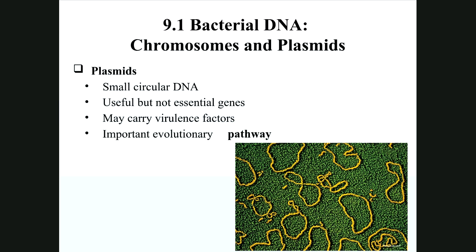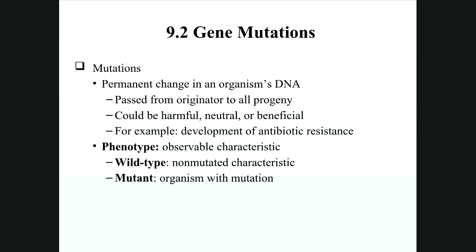All right, so let's talk about mutations in general. That's going to be one of the topics for today. So mutations are a change, a permanent change, in an organism's DNA.